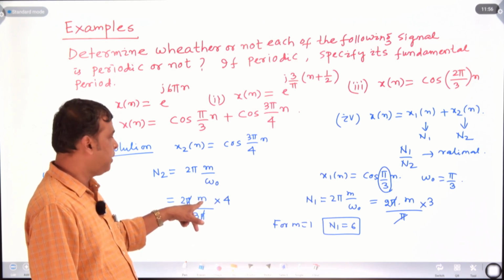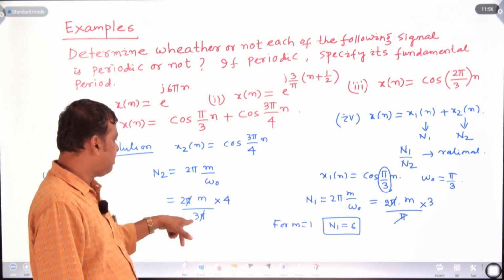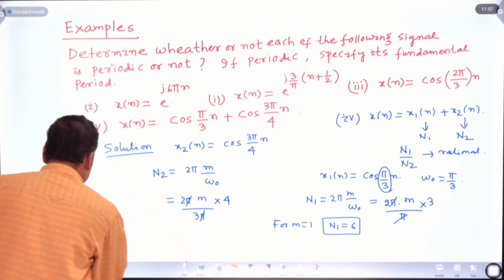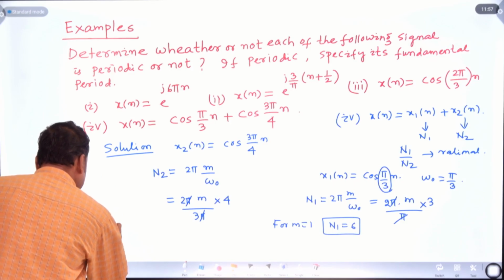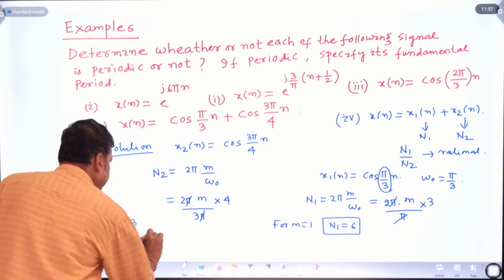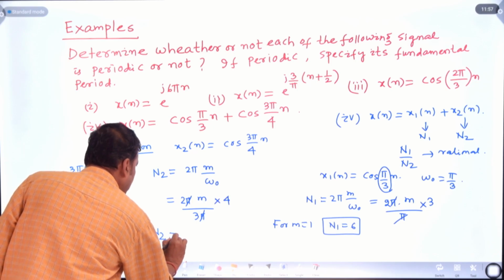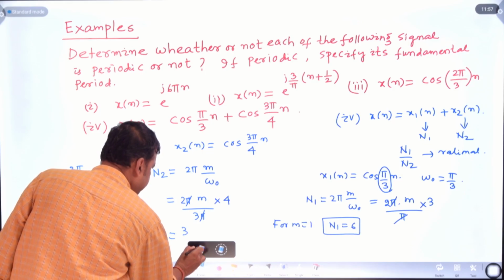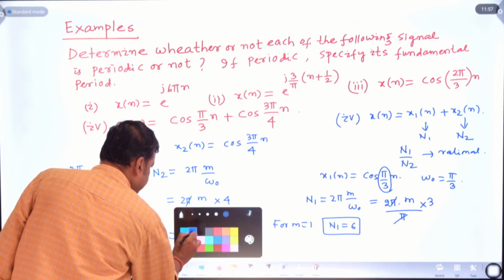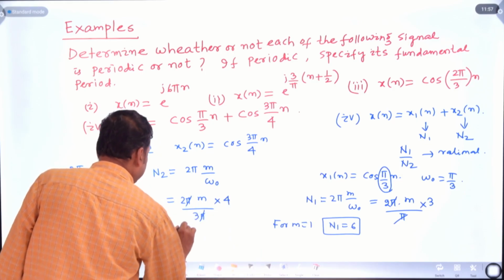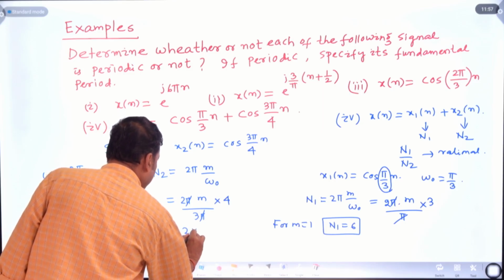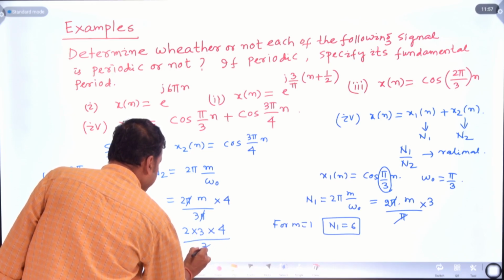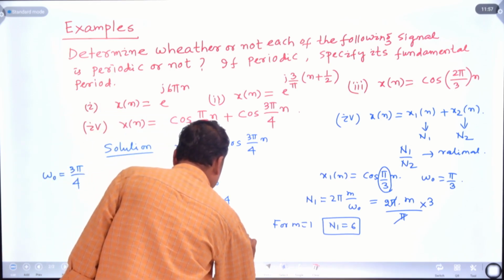If m equal to 3, 2 into 3 into 4 by 3, the 3 cancels. So n2 equal to 8.